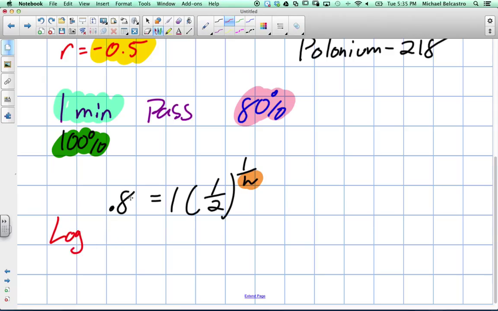You could also represent this as 80 over 100. The ratios will both work. So log of 0.8. And this 1 essentially cancels out. And the 1 over h will become the coefficient when we make it a log. So this becomes 1 over h times log of a half, and a half is essentially 0.5.